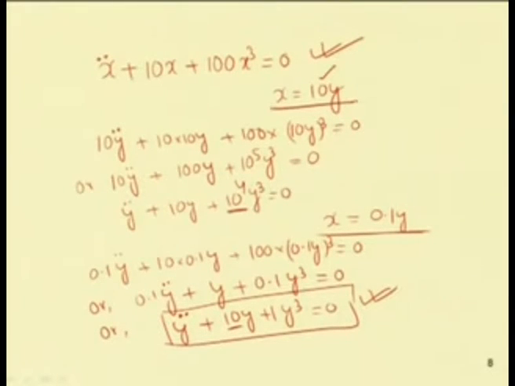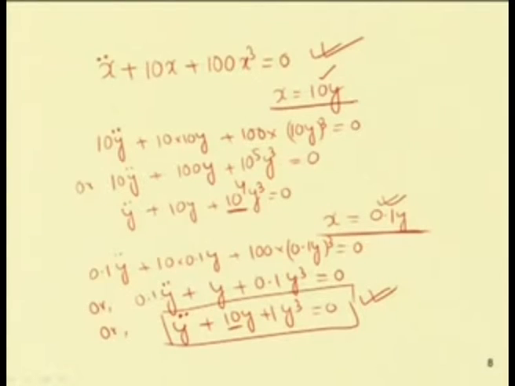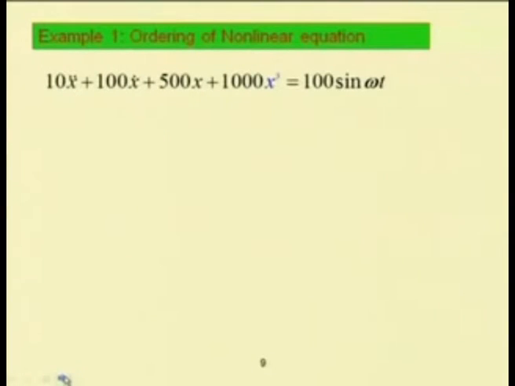In this way, by using a proper scaling parameter, here 0.1, we can rewrite the equation of motion in a different form. Now, to make these terms of the same order, I can use a bookkeeping parameter.